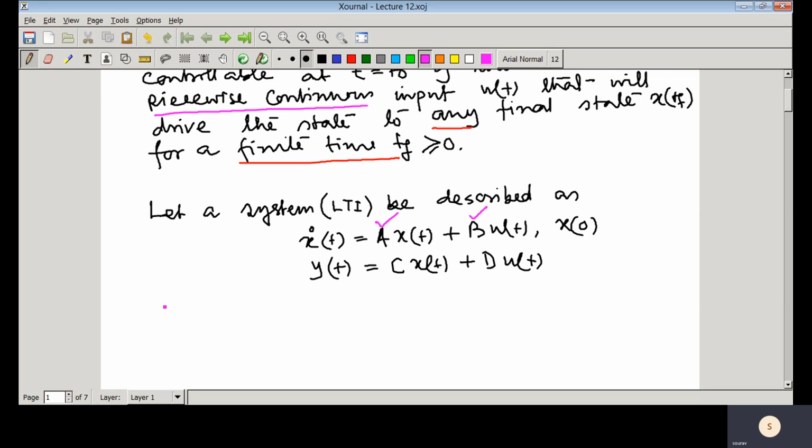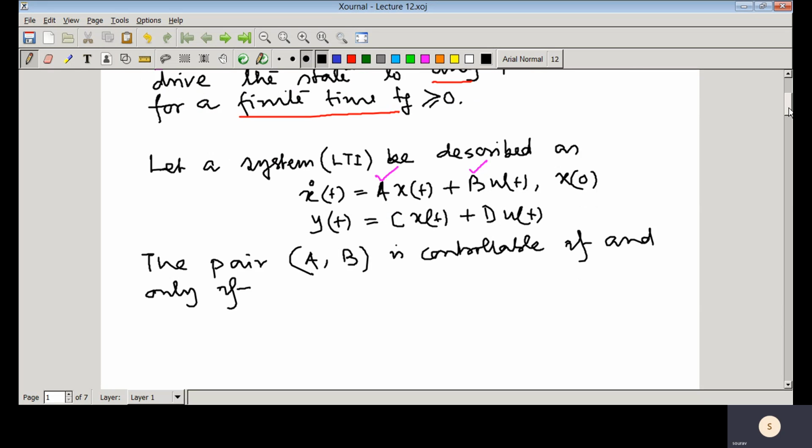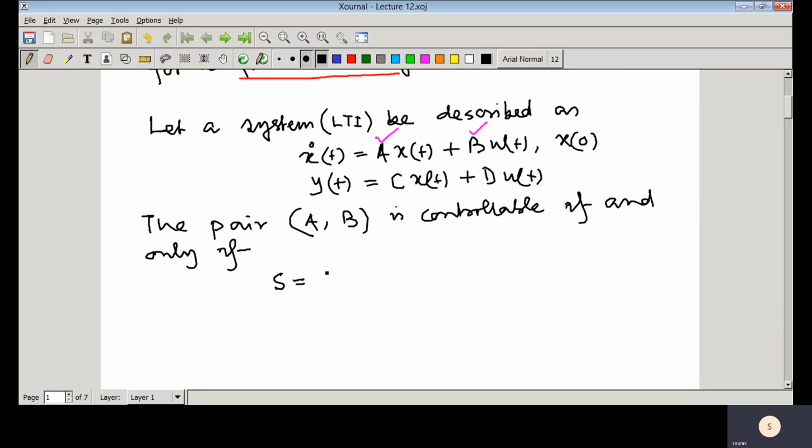So the pair (A, B), that means the system matrix A and input matrix B, is controllable if and only if, so this is a necessary and sufficient condition, if and only if the matrix S equal to [B, AB, A squared B, and so on, up to A to the power n minus 1 B] is of rank n.